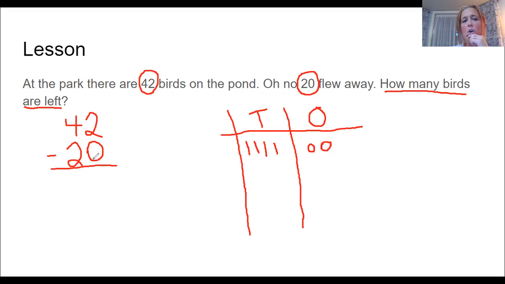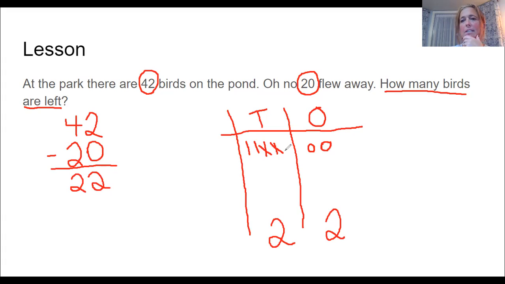Well, there are no 1s to subtract, so we know that we end up with 2 1s because there is nothing in the 1's place of 20. Now we do see that there are 2 groups of 10 in the number 20, so we subtract these, which leaves us with 2 sets of 10, and we end up with 22 birds on the pond.